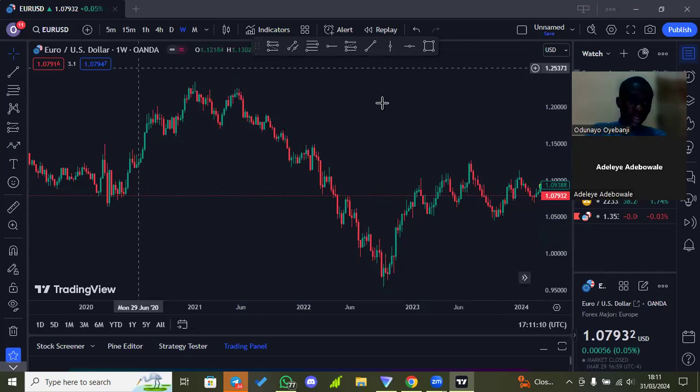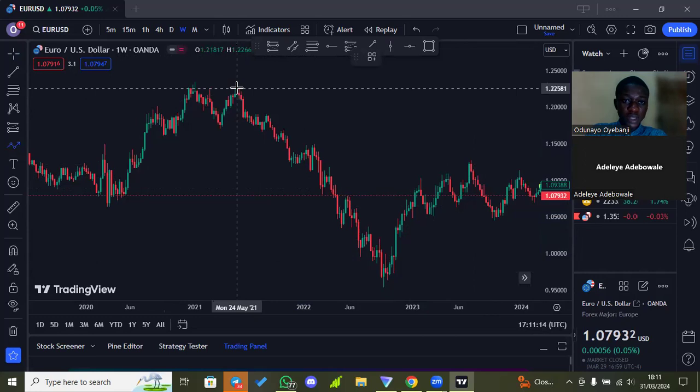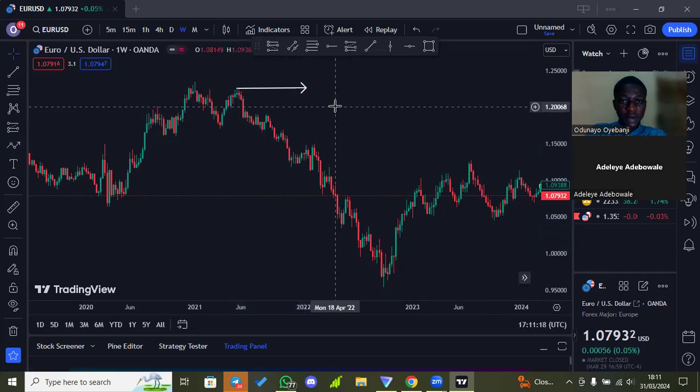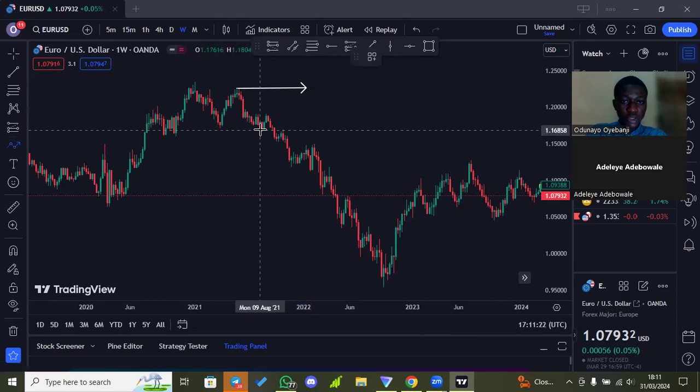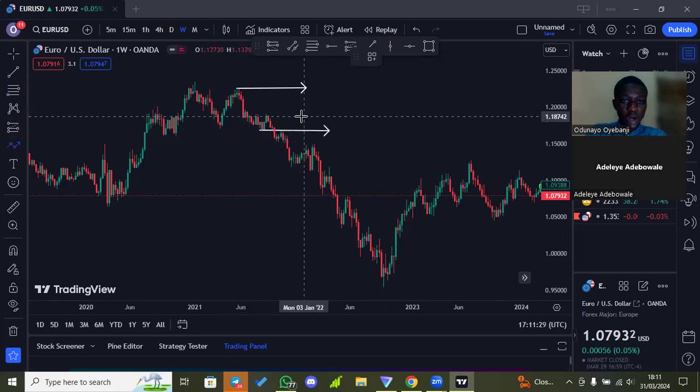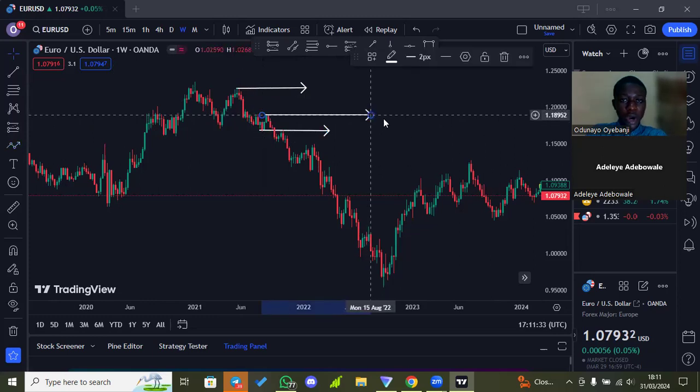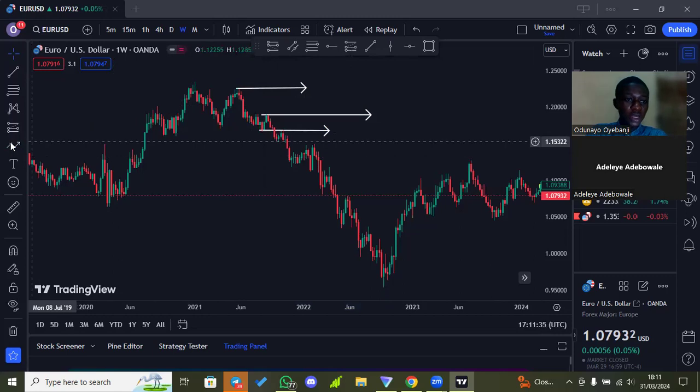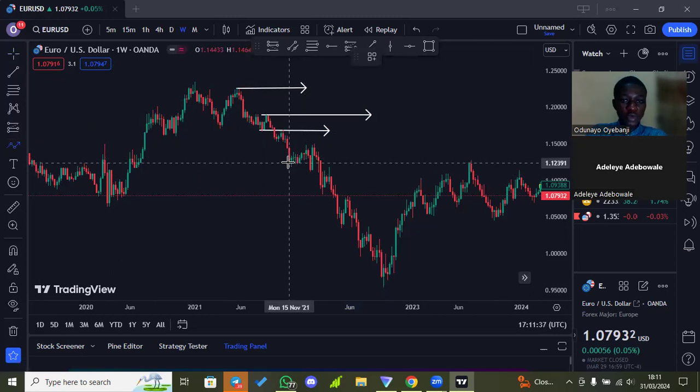In a downtrending market, we listed different properties. Let me mark them out now. We have a high. We have a low. Then the market went up and created a lower high. Then it came down and created a lower low.